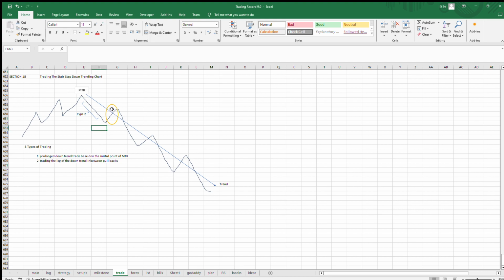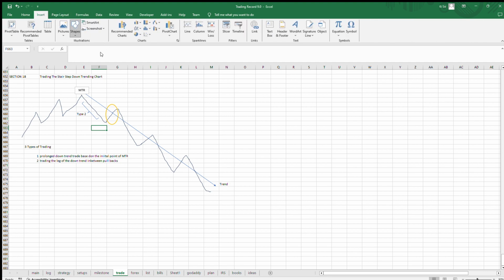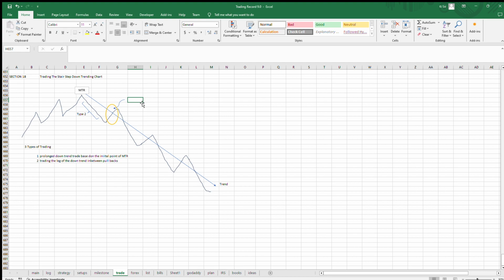And type 3 would be this region right there. So that would be type 3. Type 3 would be trading the pullback.